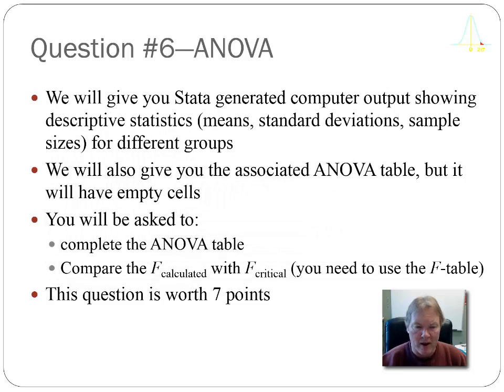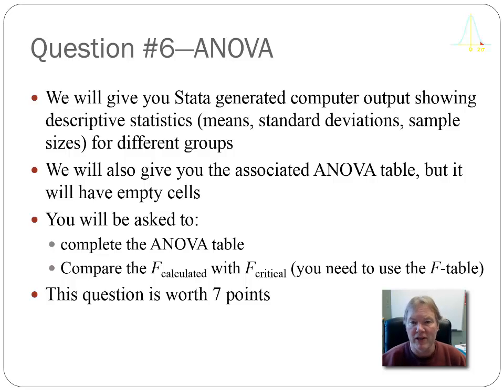The last part of this problem is that we're going to ask you to compare the F calculated from the table that you're going to complete with the F critical. That means you need to use the F table. So you need to know how to pick out the appropriate F table for an alpha value of 0.05, 0.01, or 0.001. You need to know the degrees of freedom from your ANOVA table and how to use them to enter that table to find your F critical value.